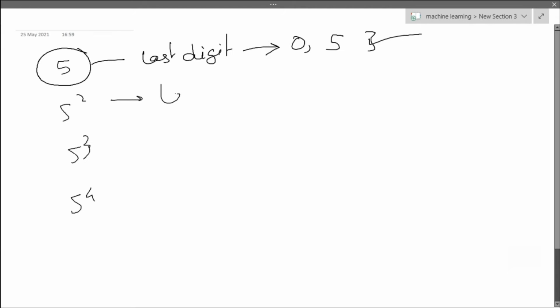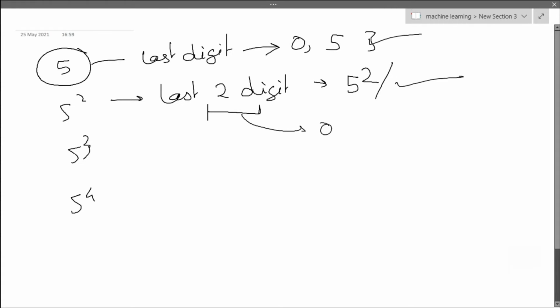Check the last 2 digits. If the last 2 digits are divisible by 5 square, then the number is divisible by 5 square, for example if the last 2 digits are 00, 25 or 50, then the number is also divisible by 5 square.